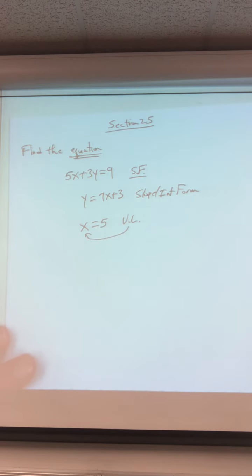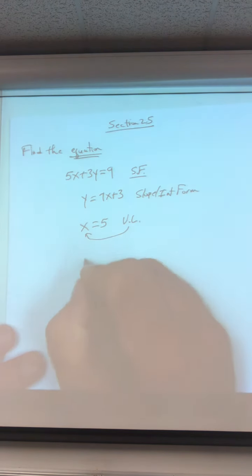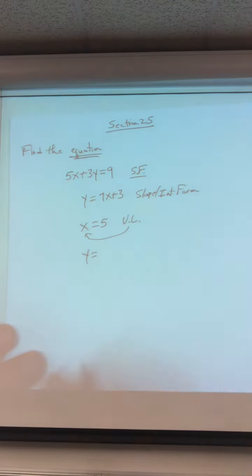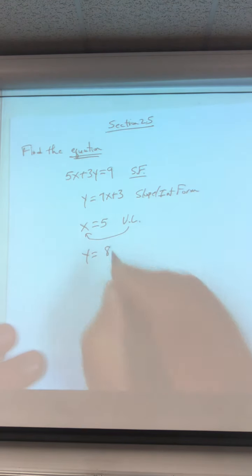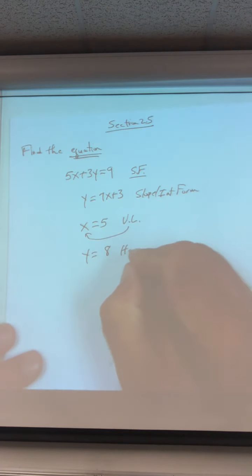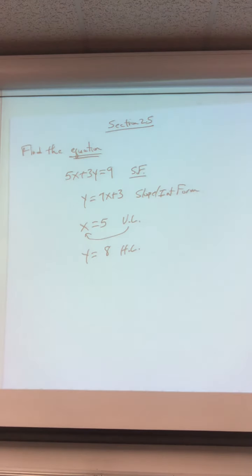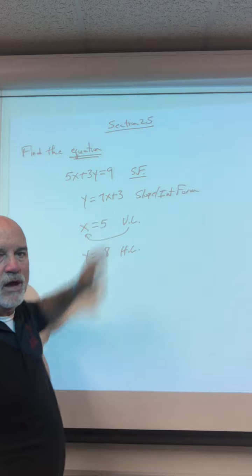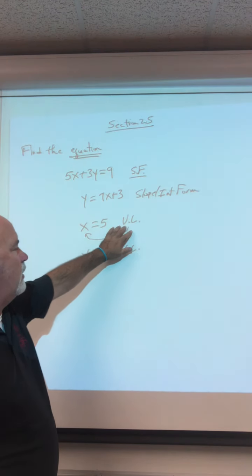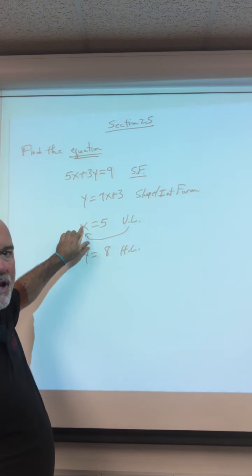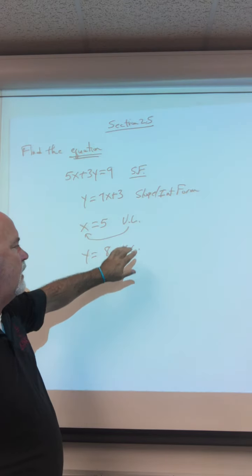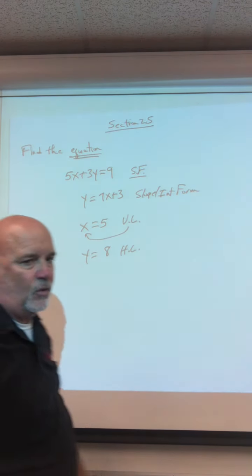Or if the line we're looking for is horizontal, it'll be y = some number, like y = 8. So if we're looking for a slanted line, our equation will have x's and y's in it. If we're looking for a vertical line, our equation will have just an x in it. If we're looking for a horizontal line, it'll have just a y.